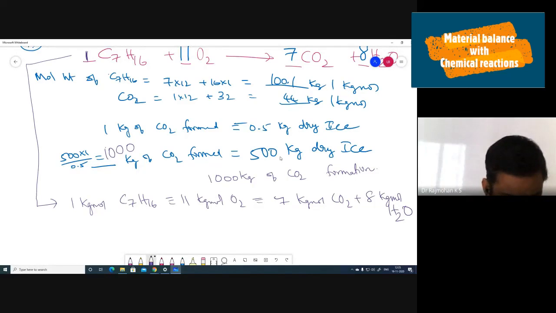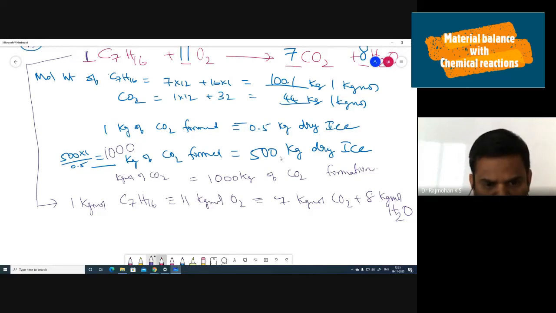What do we have to do next? We have to multiply by the respective molecular weights, if you want it in terms of kg mole. Here what we want is 1000 kg of CO2, so how many kg moles of CO2 do we want to form?